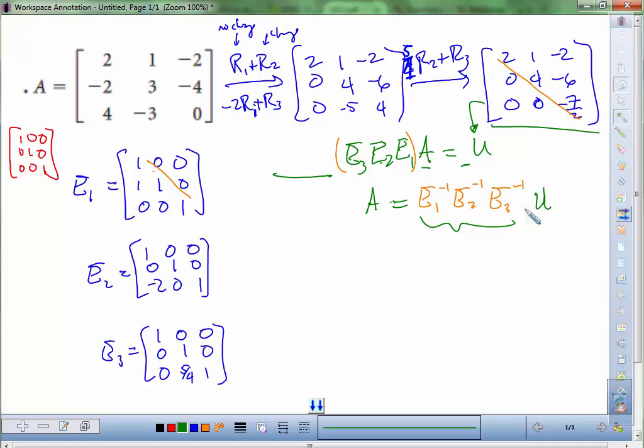So for the first part, when you're multiplying the elementary matrices times A, why do you do it in reverse order in the way we did it, like by hand? Because this is the matrix that we have, right? And this is the first operation that we made.